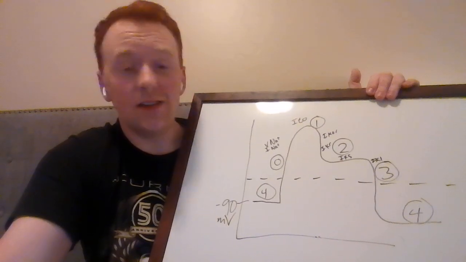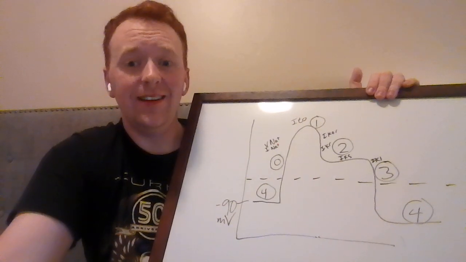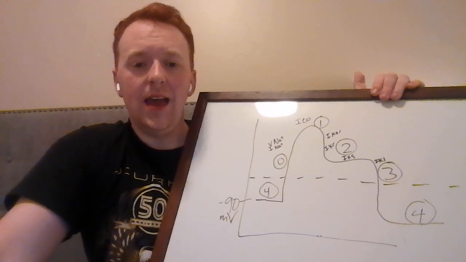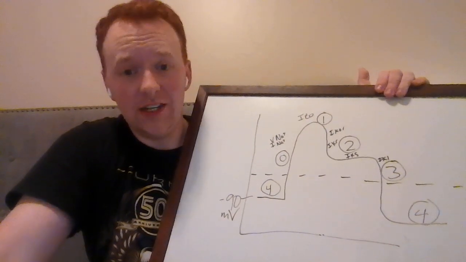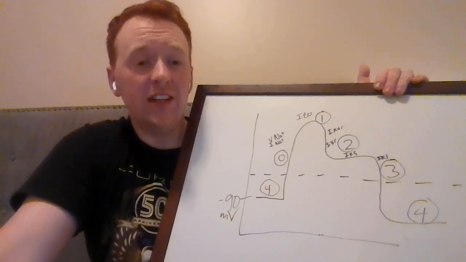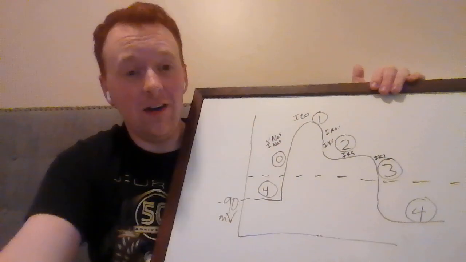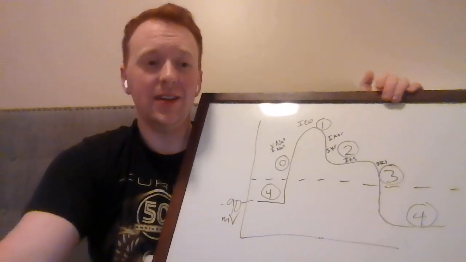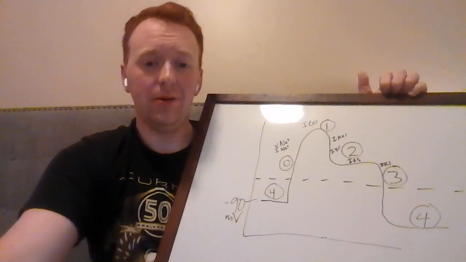It doesn't use sodium channels, and so we call it the funny current. It's activated by hyperpolarization, not depolarization. Usually channels that go up like this are activated by depolarization, but we call this a funny channel because it's activated by hyperpolarization.